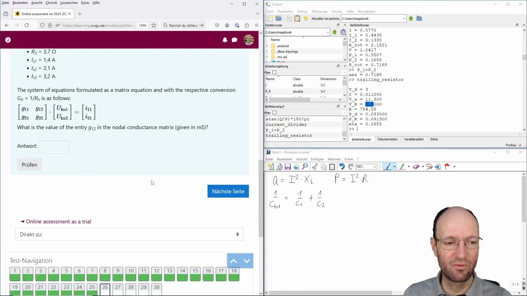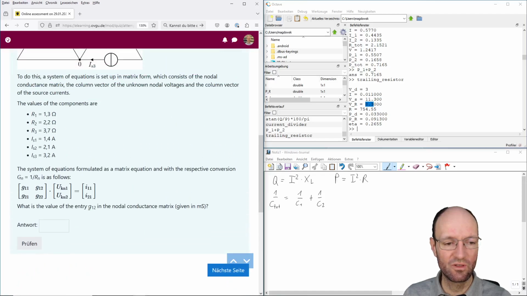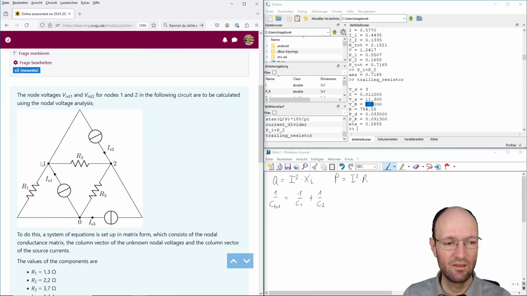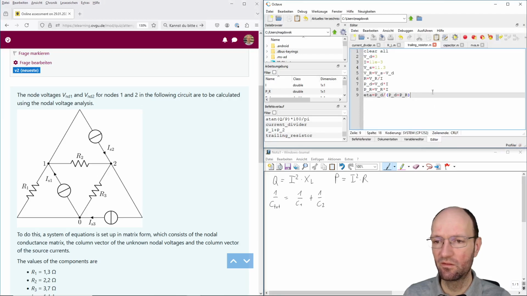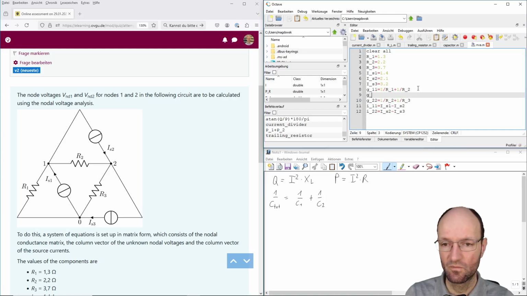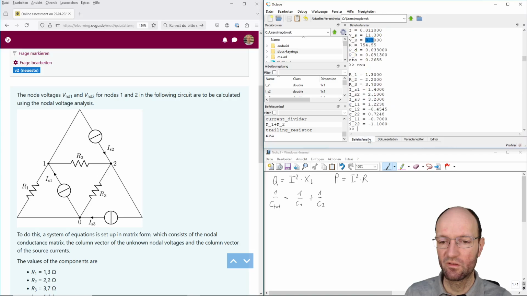And another question related to the nodal voltage analysis. What is this entry here in the equation? And this is the coupling conductance between node 1 and 2. And this is minus 1 over this resistance, the resistance that is connected between the two nodes.